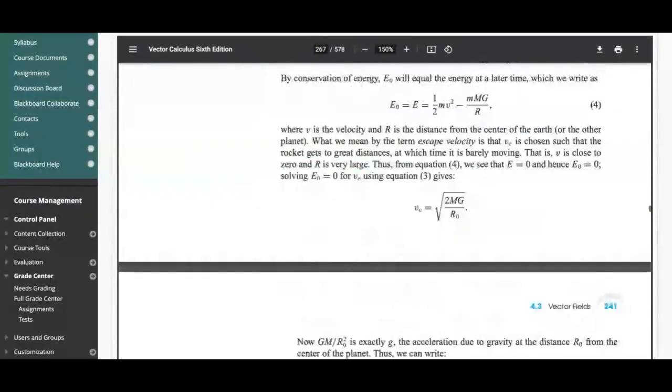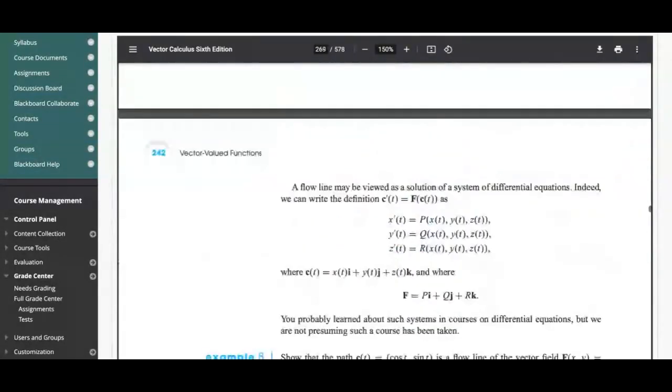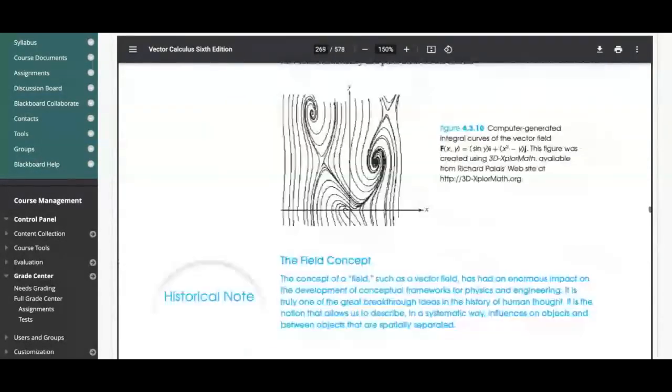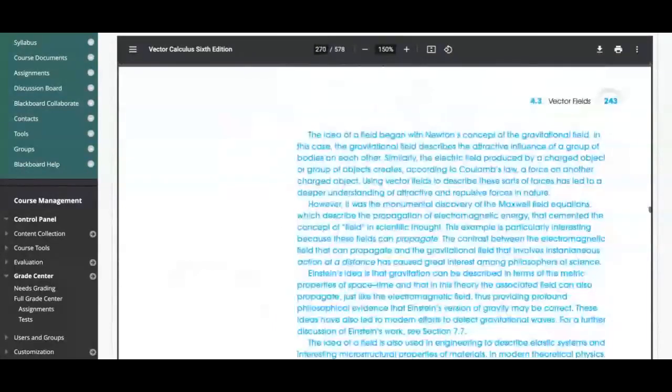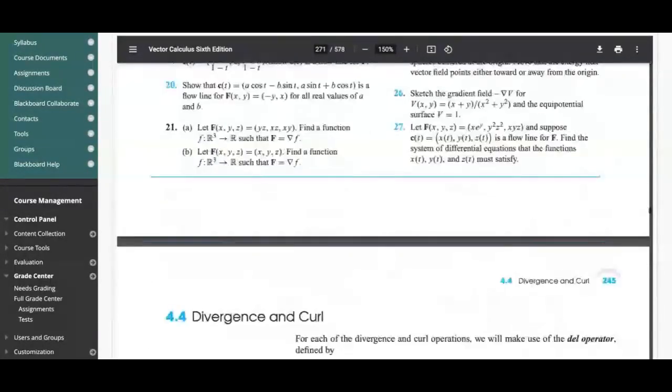Okay, that's it. That's all I want to talk about in chapter 4. A simple chapter. Okay, so next week we're going to chapter 5.